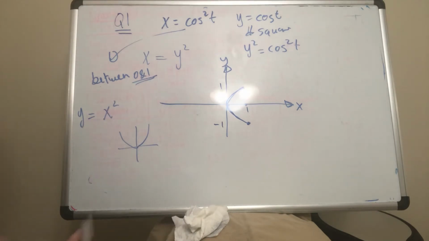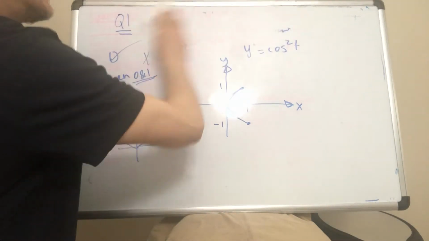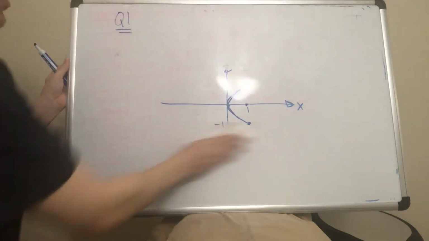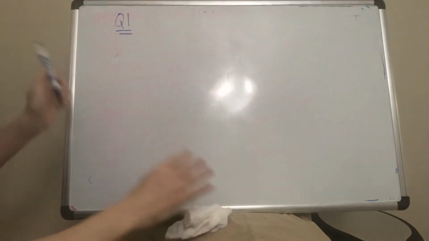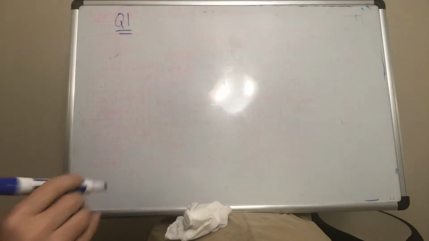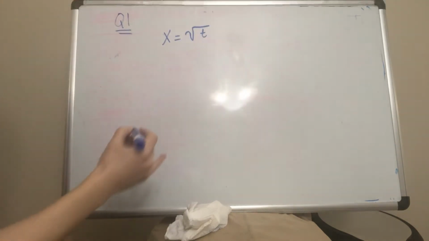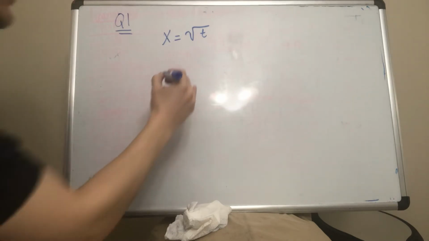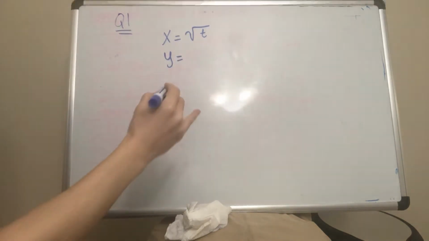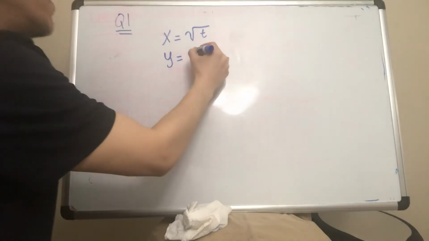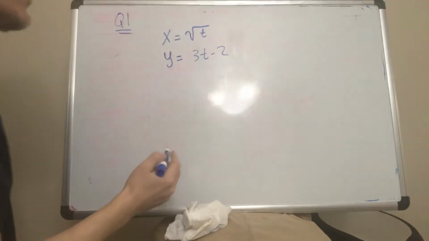The other question, B, in workshop 2, was to sketch this curve. x equals root t, and y equals 3t minus 2.